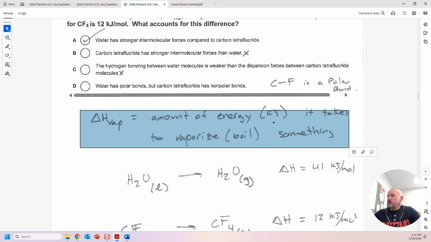In this case, it was kilojoules. It doesn't have to be kilojoules. It could be energy per mole. That's usually what delta H's are, energy per mole, but it could be energy per gram, right? If it's energy per mole, if I multiply by moles, that'll give me energy. If it's energy per gram, if I multiply by grams, that'll give me energy, right? So that's not a big deal.